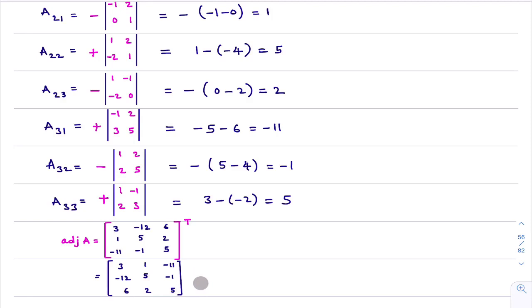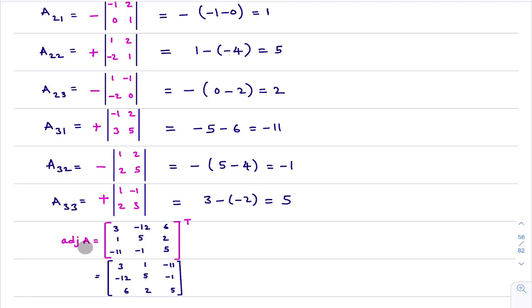This is a little lengthy, but in this example we are calculating the adjoint of a matrix. In the next exercise, as I said in previous classes, in the Determinants chapter, from the 6th exercise one 5-mark question, 100% guarantee. In all those 5-mark questions, we will calculate the adjoint of a given matrix.